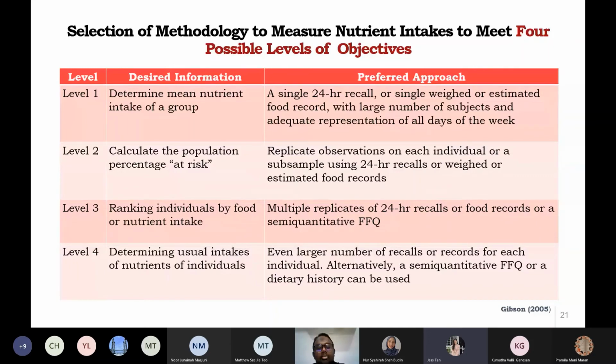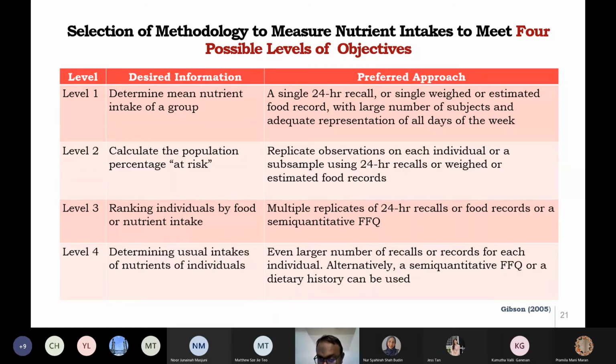Ranking individuals by food and nutrient intake means we want to know which person has a higher intake and which person has a lower intake of food and nutrients. So we want to arrange them from the first quartile until the fourth quartile.